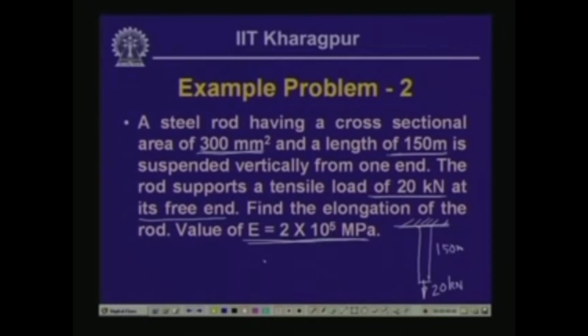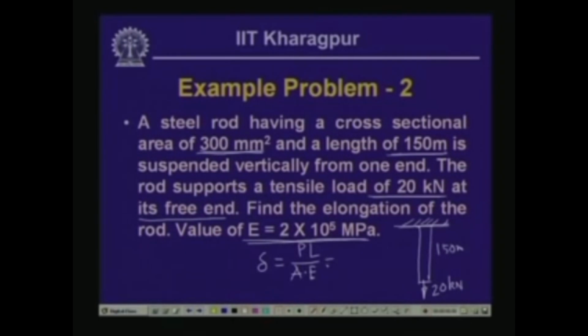Now, here as we have seen, the deformation delta is equal to P L divided by A E, where P is the axial pull acting in the bar, L is the length of the bar, A is the cross sectional area of the member which is uniform here, and E is the modulus of elasticity of the material.